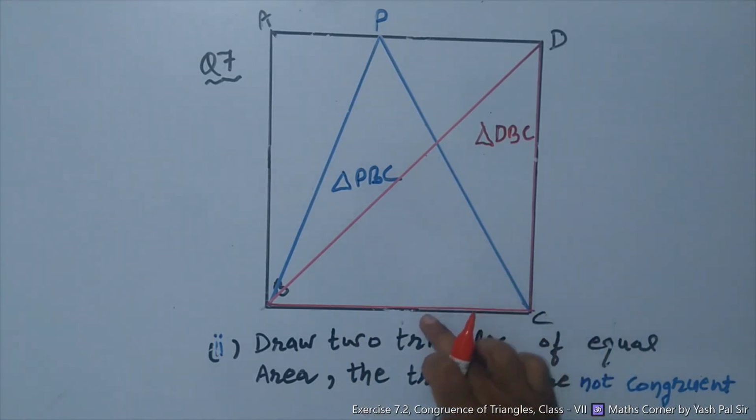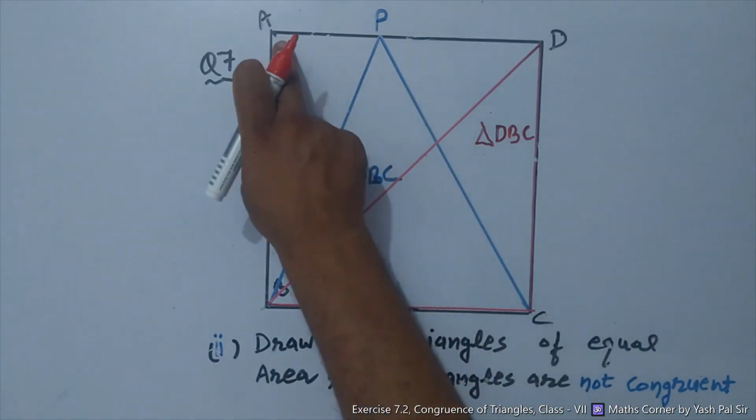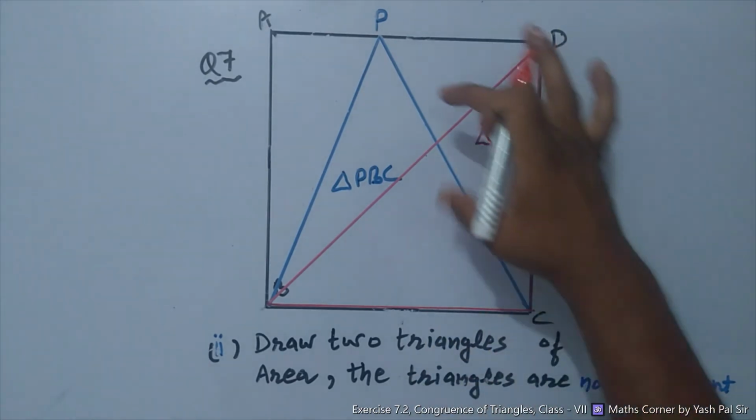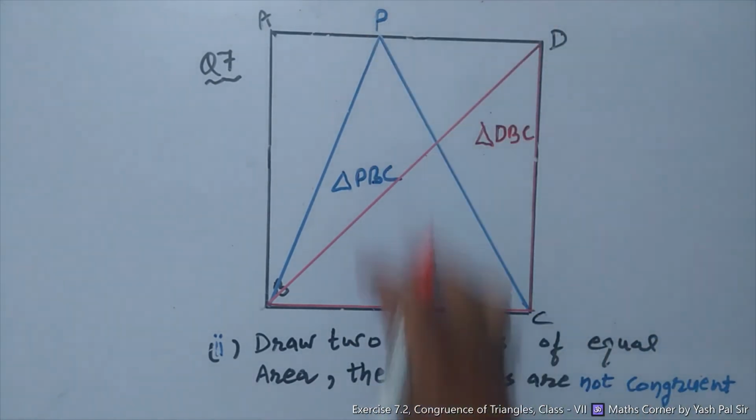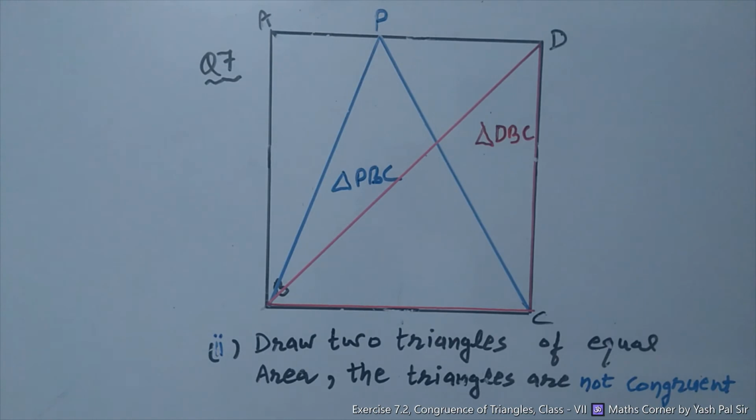So this line BC side is parallel to AD side. So these two triangles are made with common side BC between the same parallels. So these two triangles have the same area, but we see that these two triangles are not congruent.